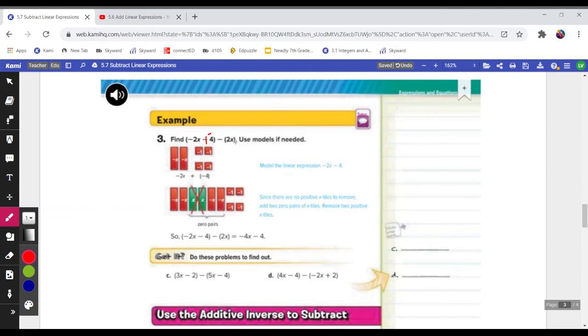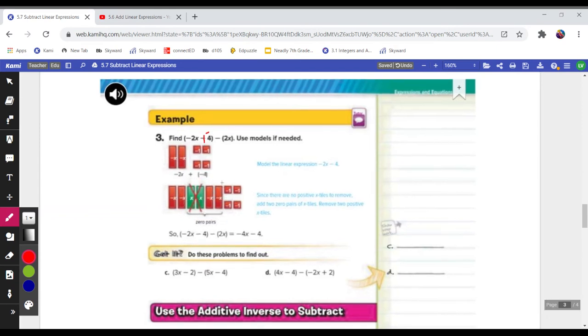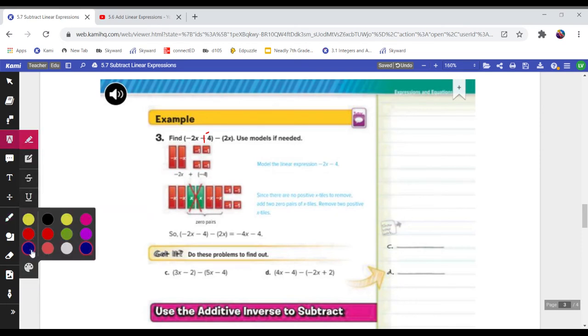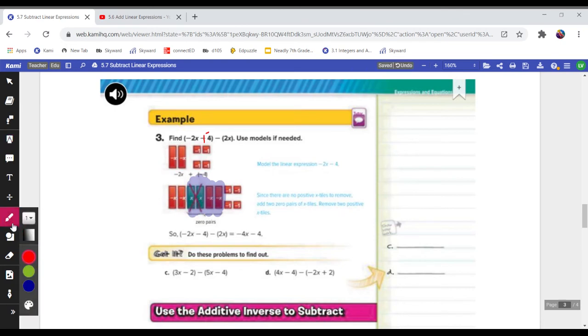Well, we don't have a positive 2x, so we had to make two zero pairs. So I made two positive x's, but I then had to make two negative x's as well. So because I used the zero pairs, negative 2x minus 4 minus the quantity 2x became negative 4x minus 4.